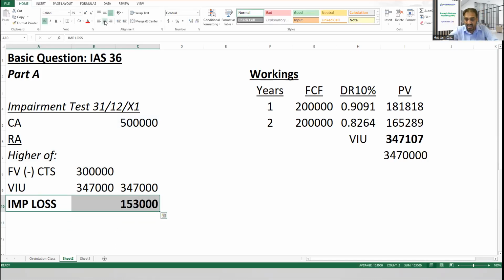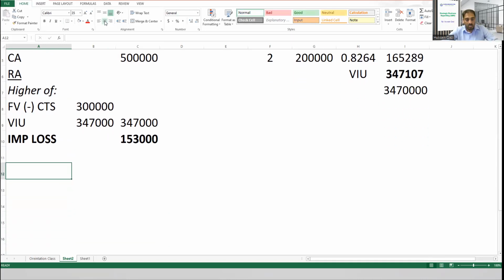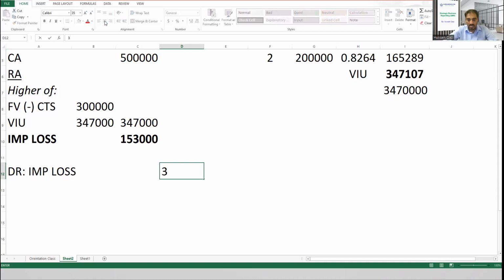Impairment loss of 153,000. So for this, debit impairment loss, and credit non-current asset, that is machine.